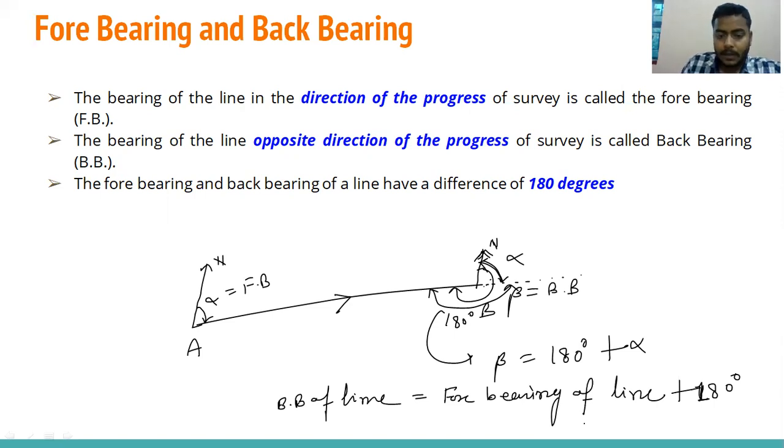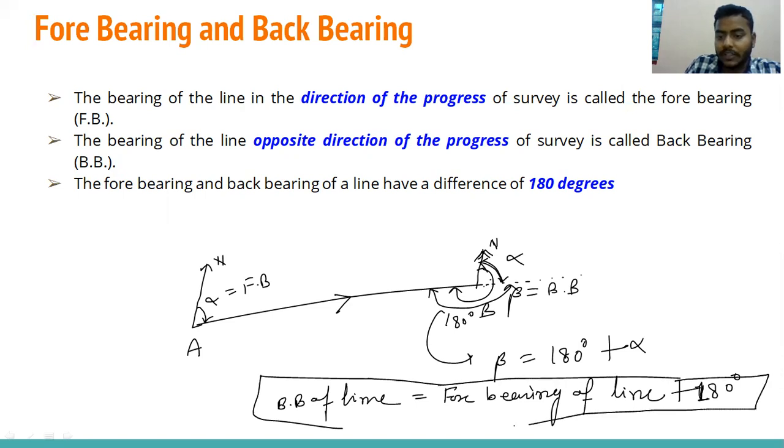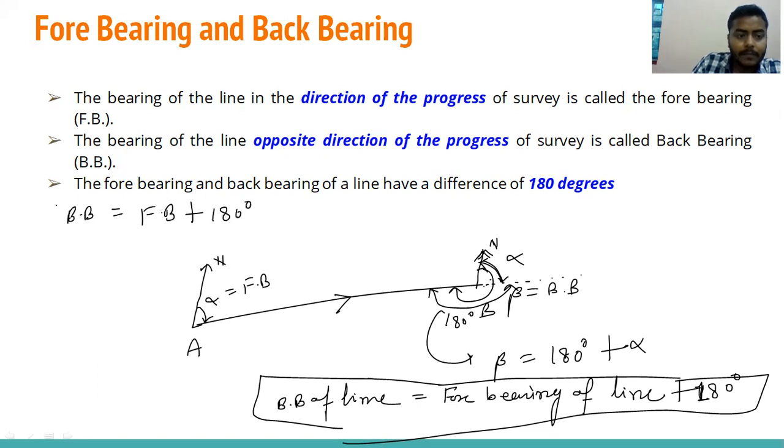Okay. But here is one important thing, whether our traverse is running clockwise or anti-clockwise, this would be changed. In short form, back bearing equals forebearing plus 180 degree.